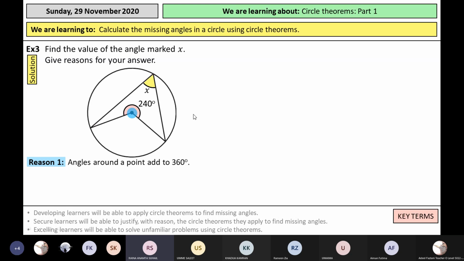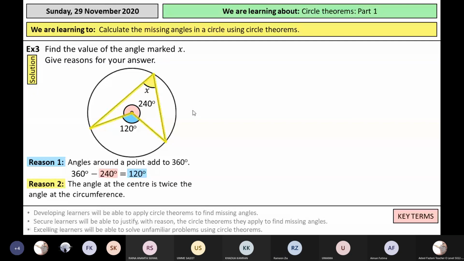All right. See, angles around a point add to 360. Yes or no? Yes. 360 minus 240 is what? Is it 120? Yes. Once you declared 120, now you tell me what is the value of x? 60.